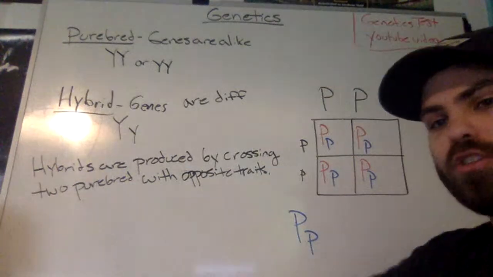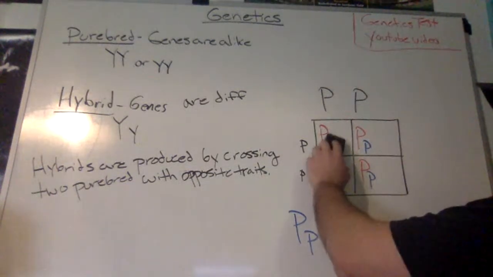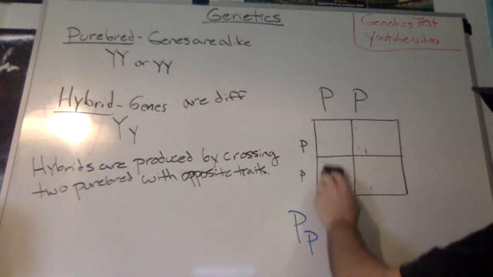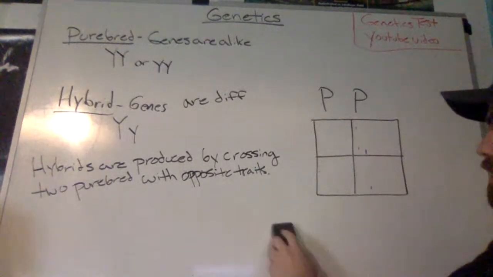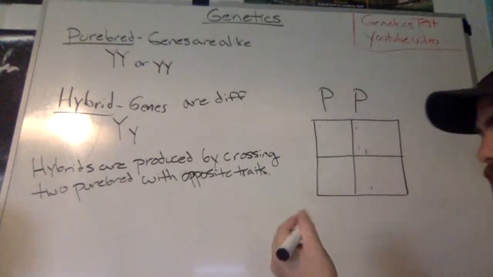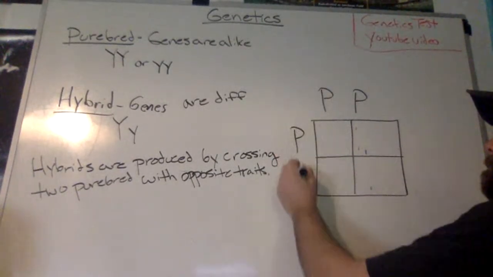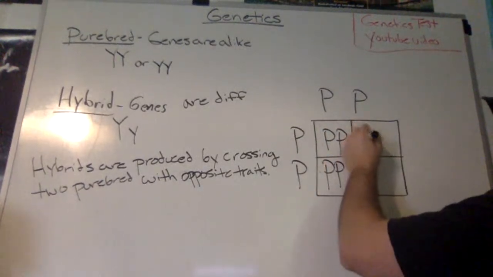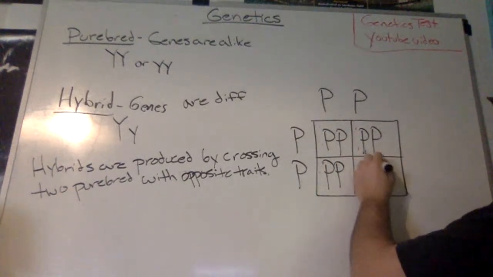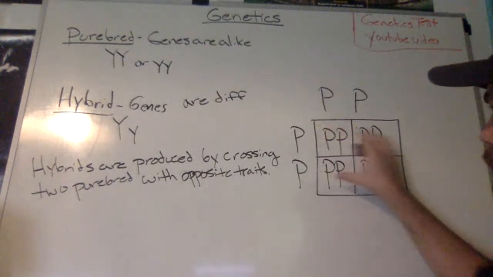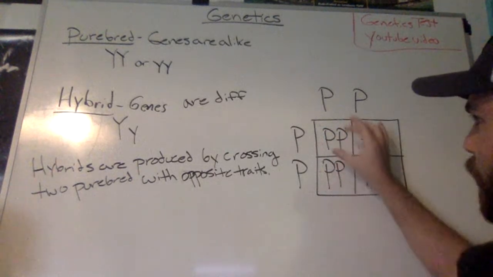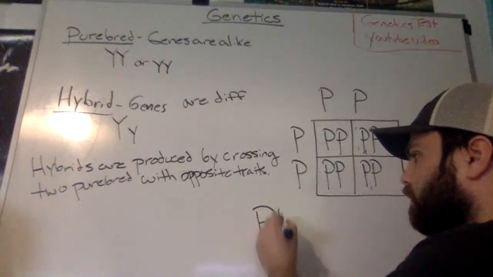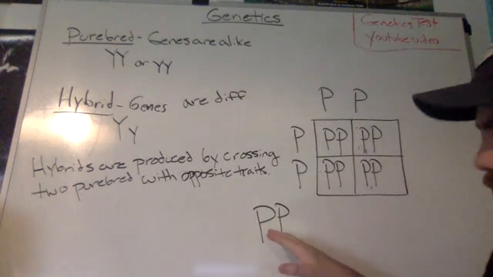So if we change this, if I get rid of my Punnett square and I start over, and let's say instead of the lowercase p's, I put uppercase p's. This means that every option that I have, because every one of these is 25% chance, that's going to be my offspring, okay?